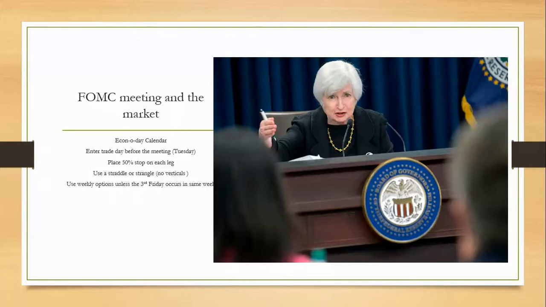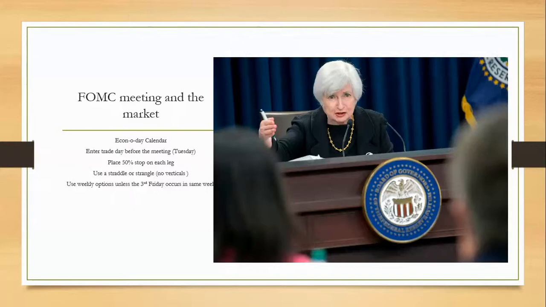Since it's 2 o'clock when the meeting actually happens, when you're going to see this increase in volume or the peak of it, basically what you're doing is recovering half, so you're not losing 100% on one side and having to gain so much on the other. So think of it as helping your risk-reward by putting the 50% stop, as you should put a stop on everything.